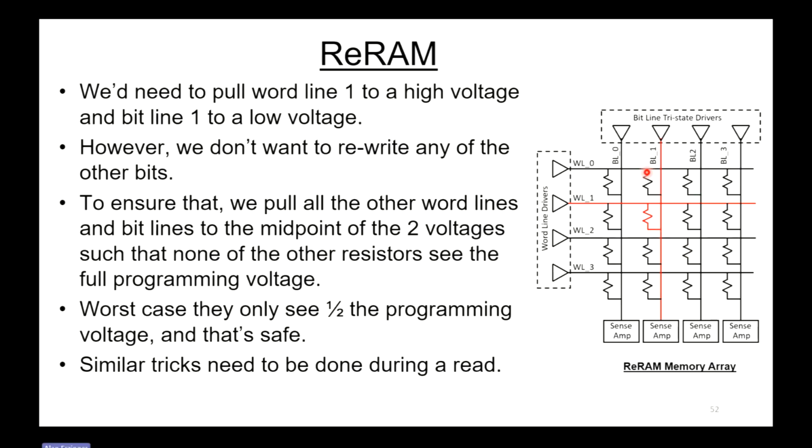But we don't want to write any of these other bits around here. To ensure that, we pull all the other word lines and bit lines to the midpoint of these two voltages. So now none of the other resistors see the full voltage delta. They're only going to, worst case, see half the programming voltage. And that's safe. It's not enough to make the thing flip.